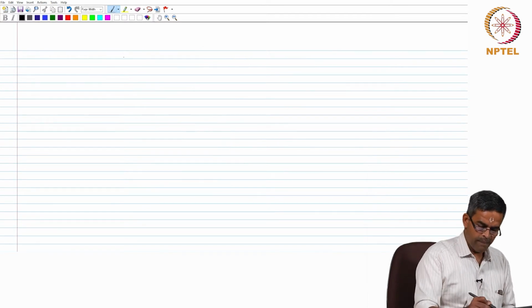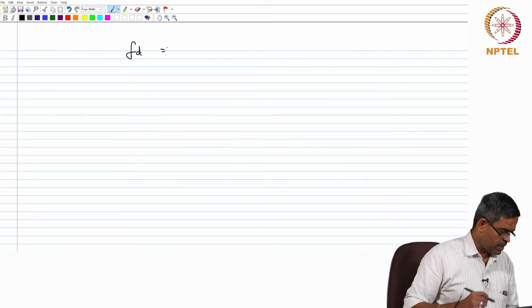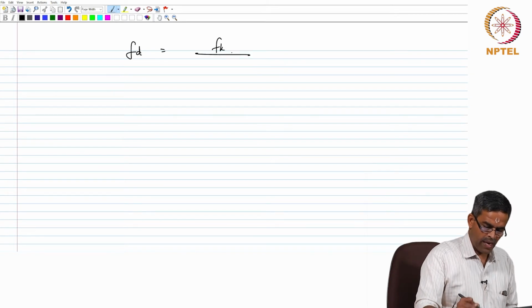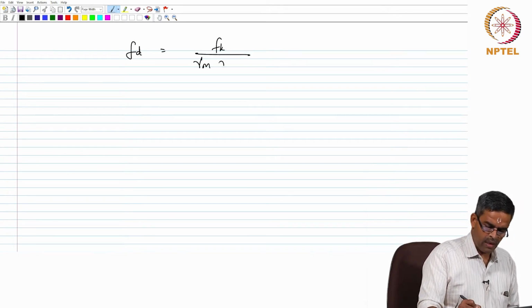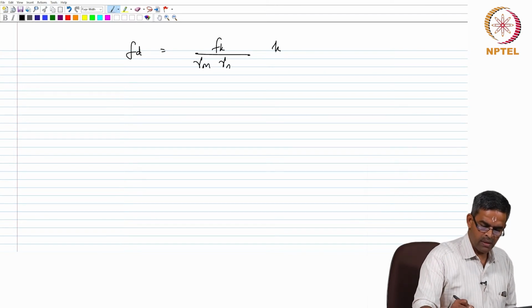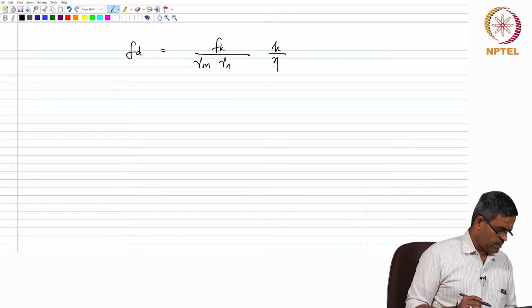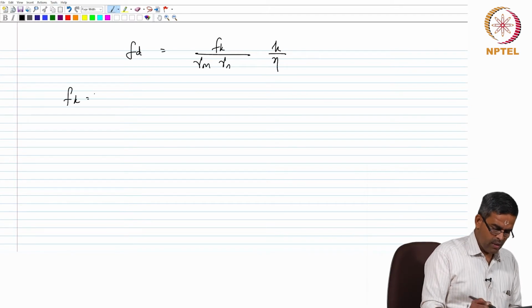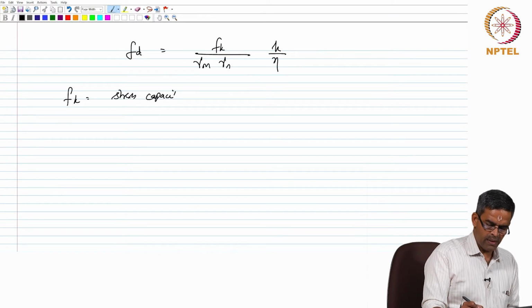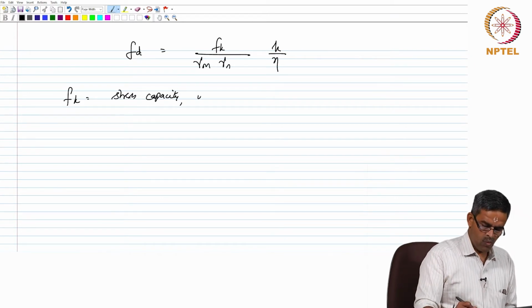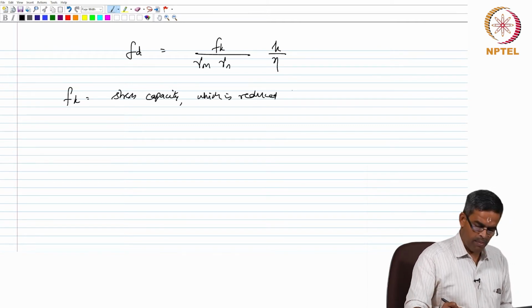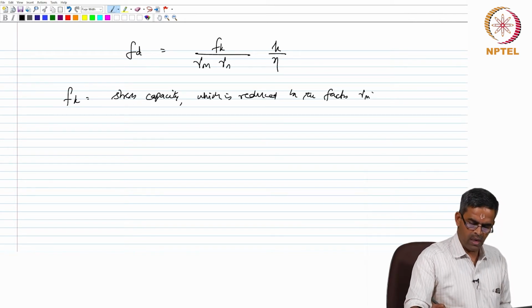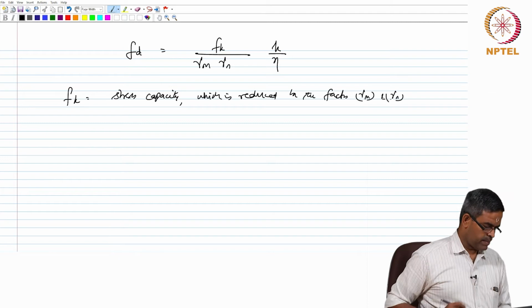So, f d is given by f k divided by gamma m and gamma n, k by eta, where f k is the stress capacity, which is actually reduced by the factors gamma m and gamma n.